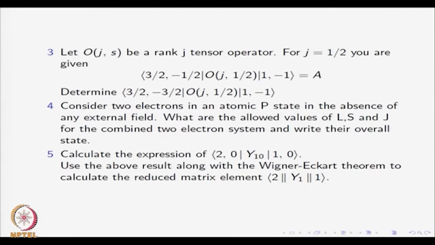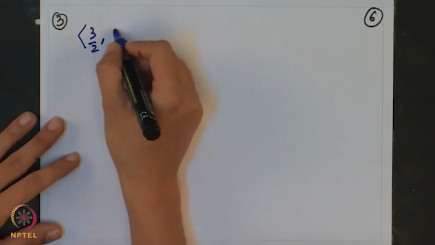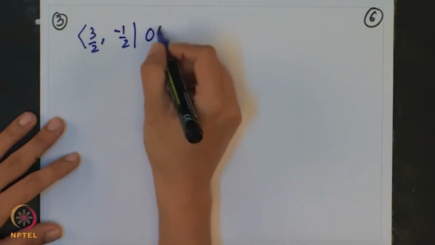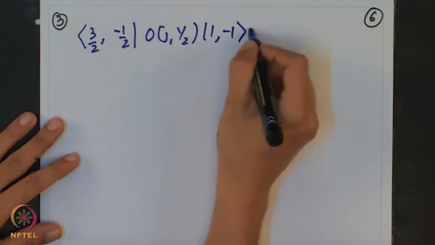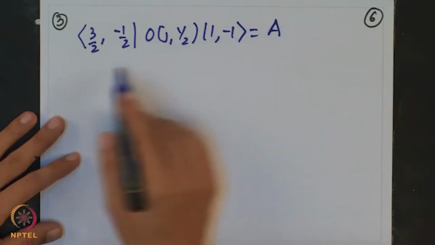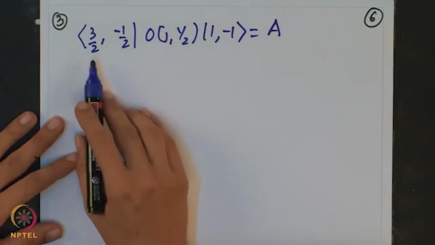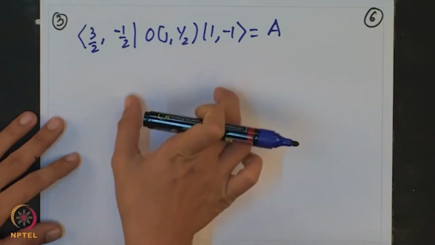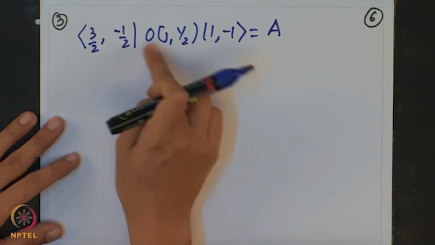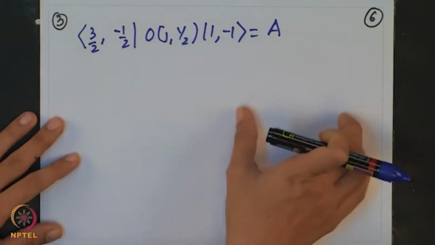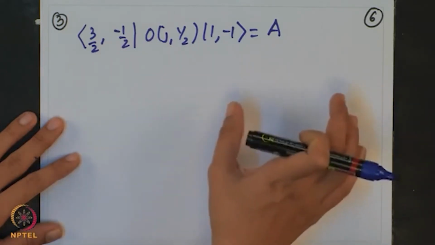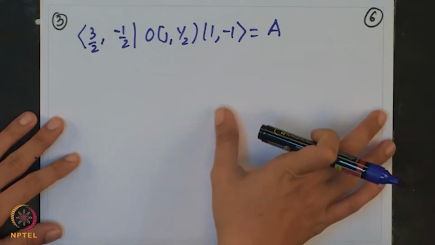Here also you will use Wigner-Eckart theorem. So, 3 by 2 and minus half is j comma half, 1 comma 1 is A. This you will write in terms of Wigner-Eckart theorem. You will have the J1 J2 term with the operator J, and another term where you will have a Clebsch-Gordan coefficient. And now you have mastered how to calculate Clebsch-Gordan coefficient.